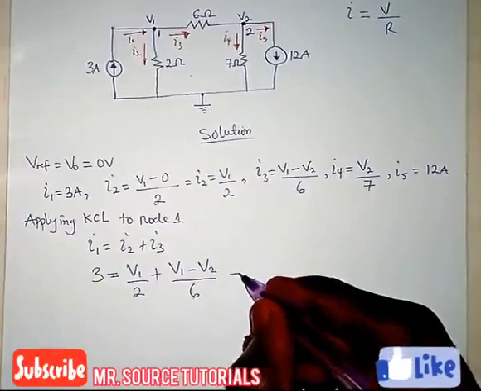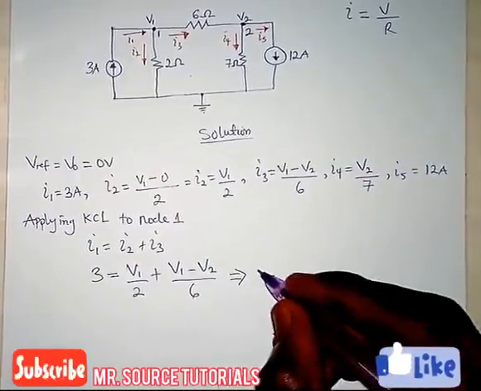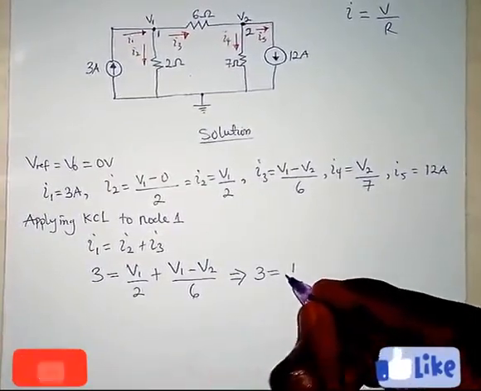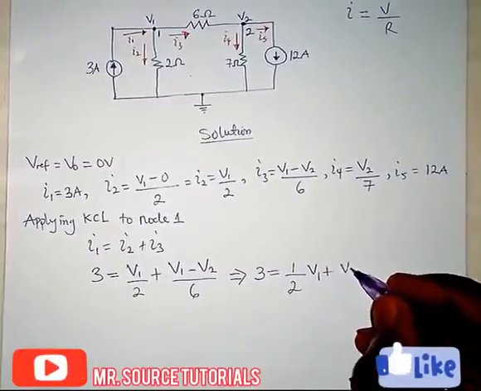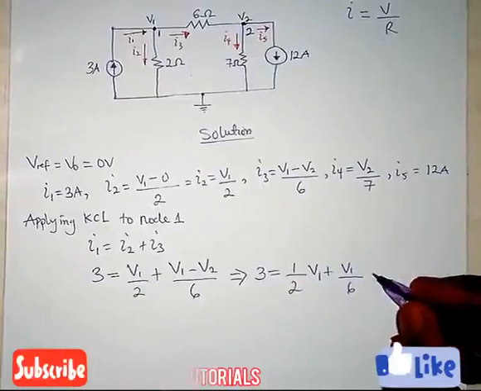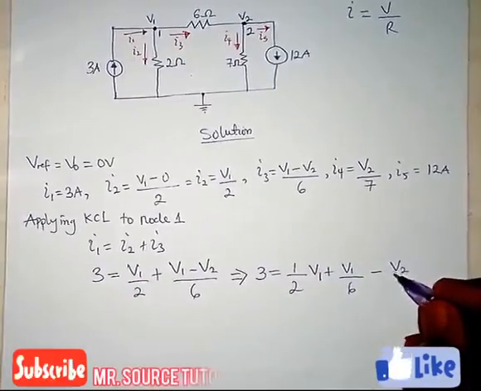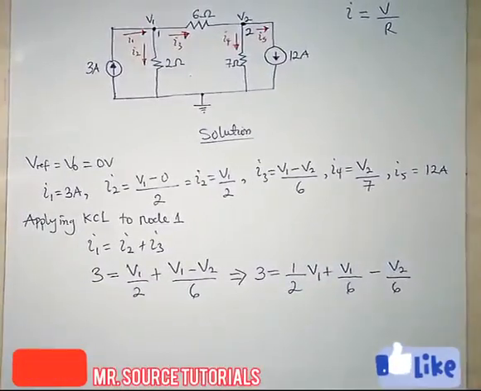This can also be written as 3 equals 1 over 2 V1 plus V1 over 6 minus V2 over 6. Alright?